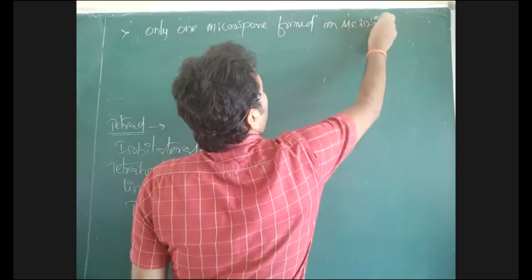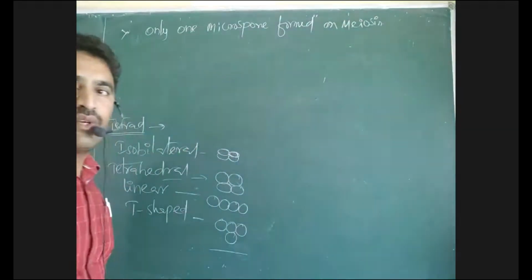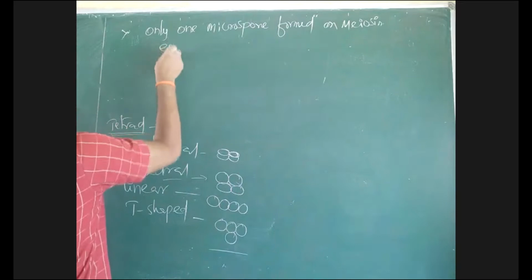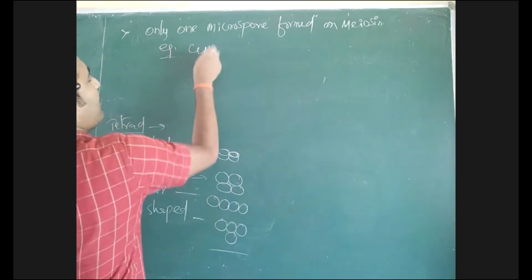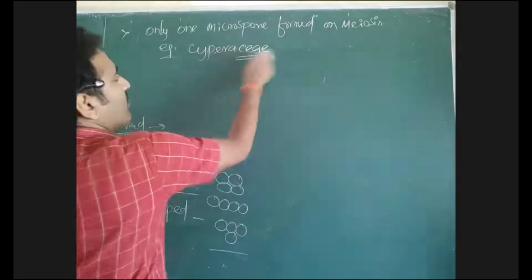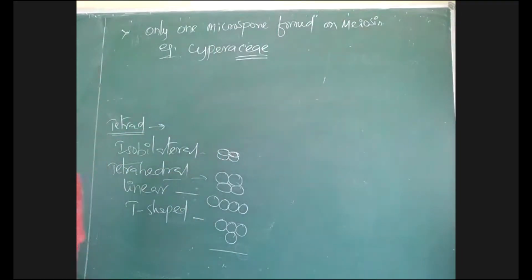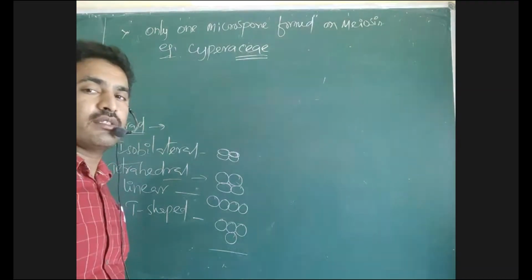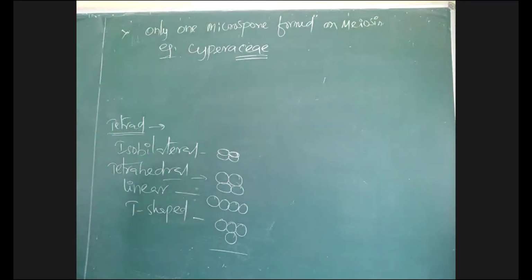That means only one pollen grain. Usually there is formation of four pollen grains, but in some plants like the Cyperaceae family, only one microspore is formed on meiosis. That is one important feature.